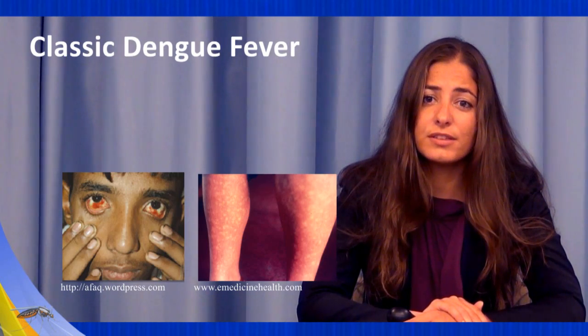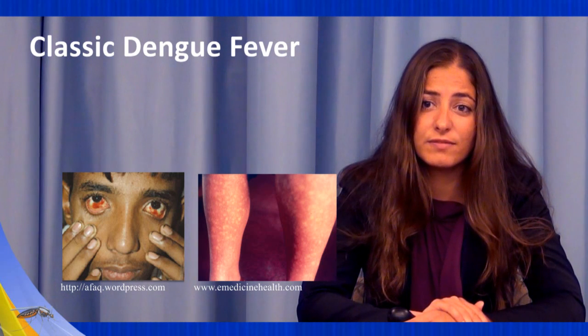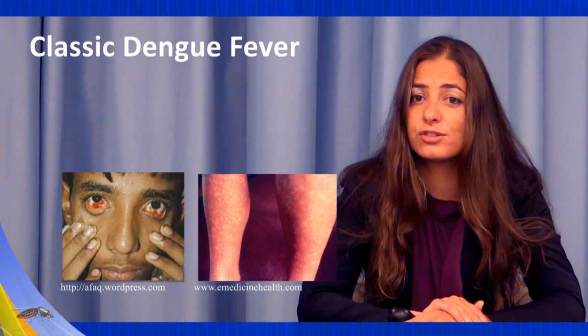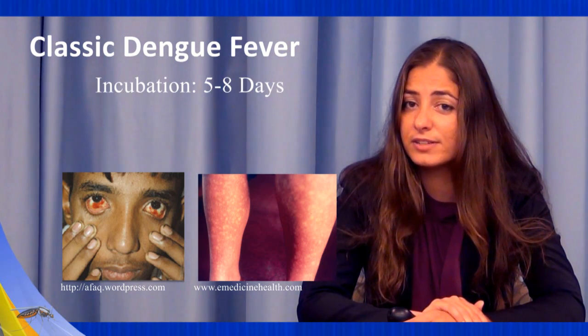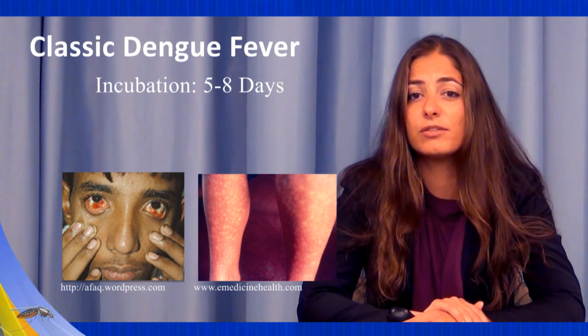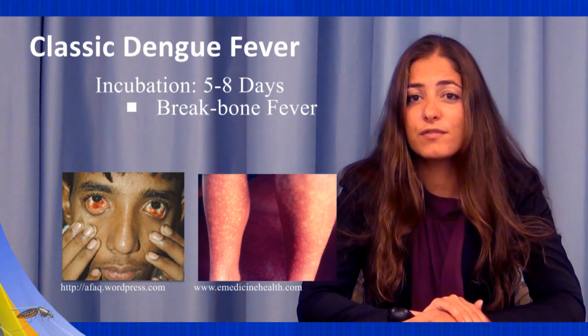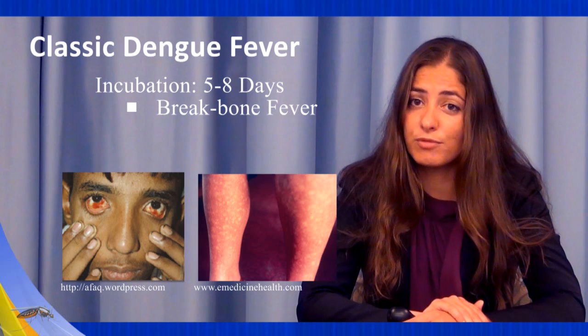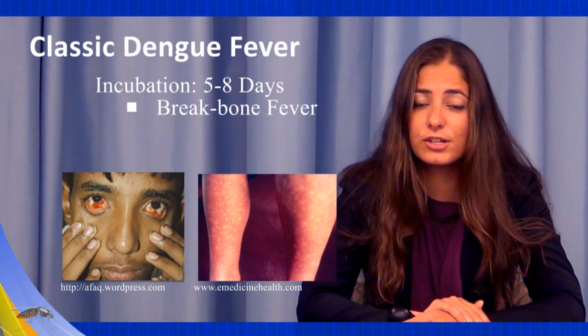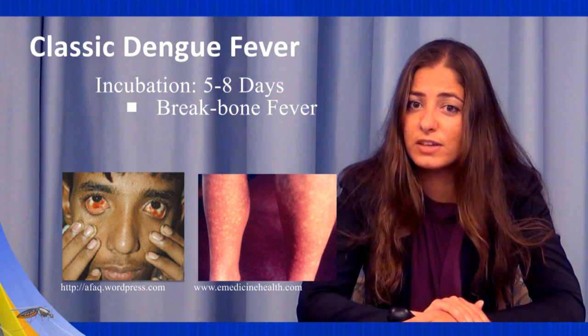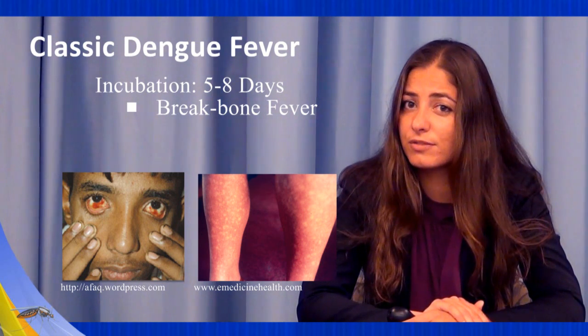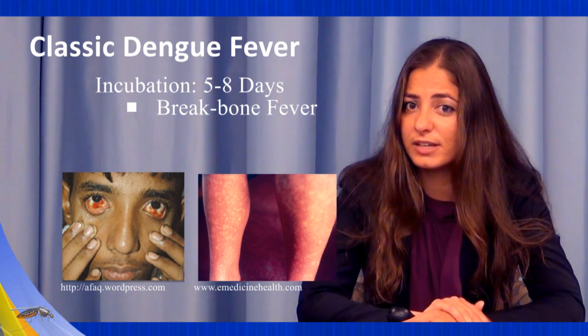Like yellow fever, the symptoms of classic dengue fever manifest themselves after a short incubation period of 5 to 8 days and unfold in 3 stages. The first stage is known as "break-bone fever," and is characterized by the acute onset of fever, headache, retroorbital pain, and severe myalgias and arthralgias for 5 to 7 days.